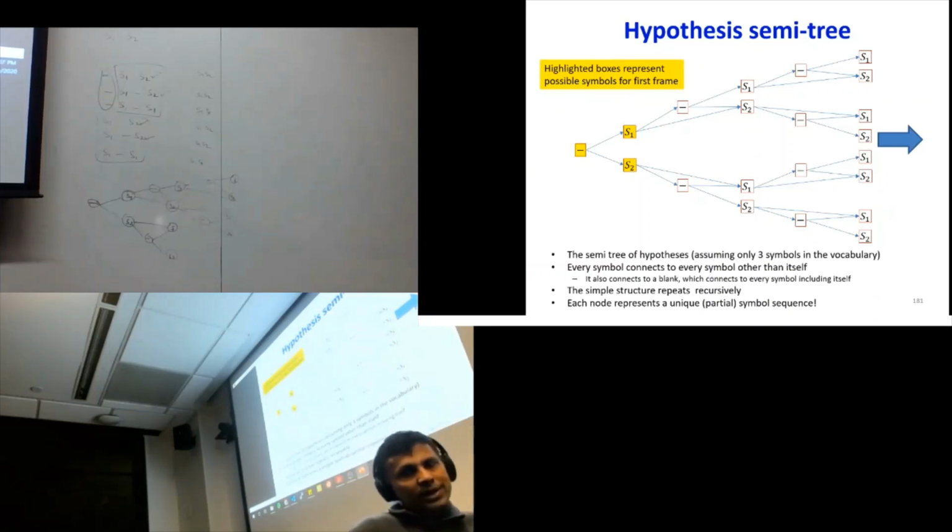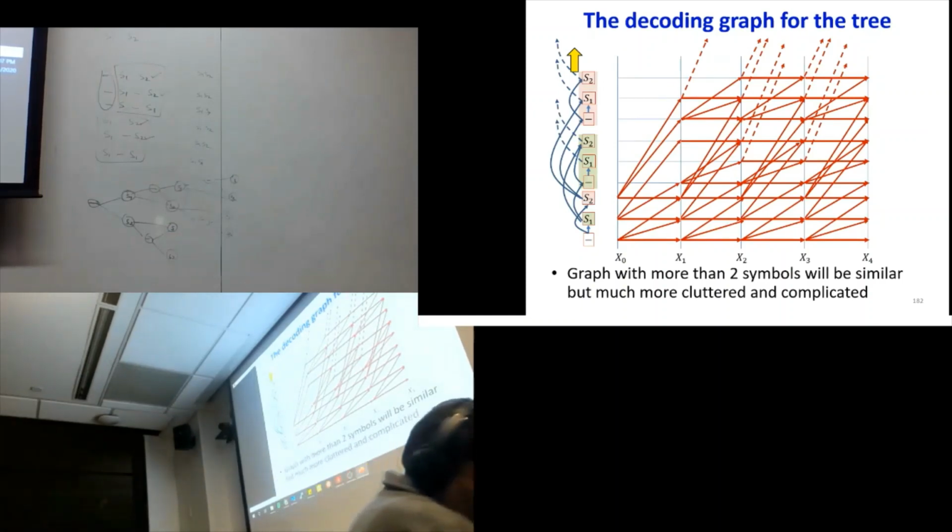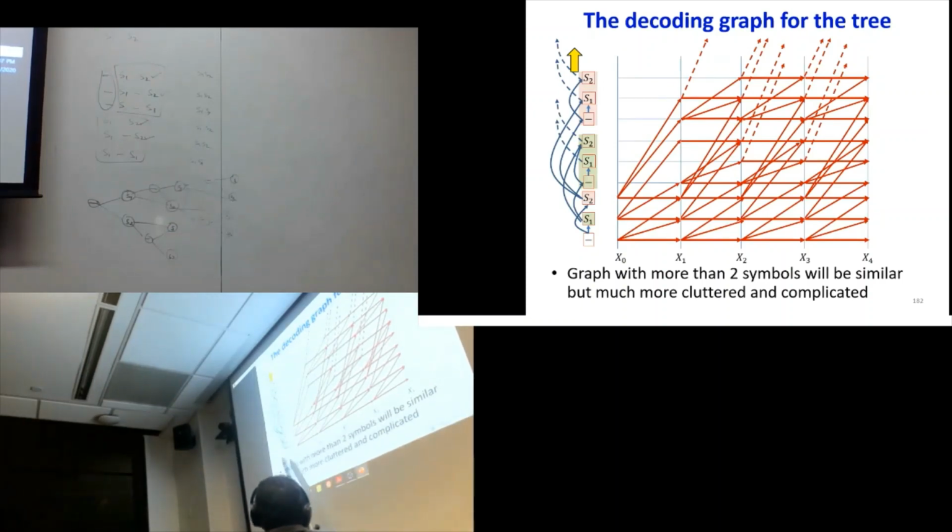Now, how does this help us? This figure to the left represents the tree that I showed you in the earlier slide, except I've flattened it and drawn it vertically. So I have a connection from blank to S1, blank to S2, then S1 goes to its own little subtree, which is colored green. S2 goes to its own little subtree, which is colored pink.